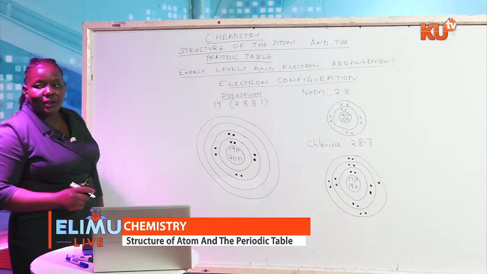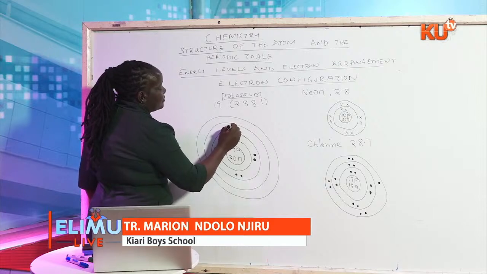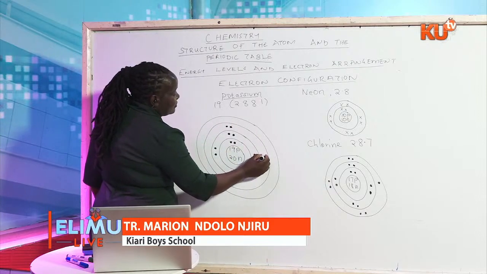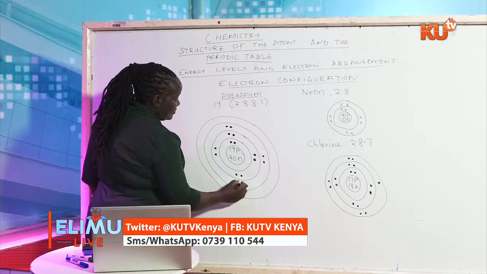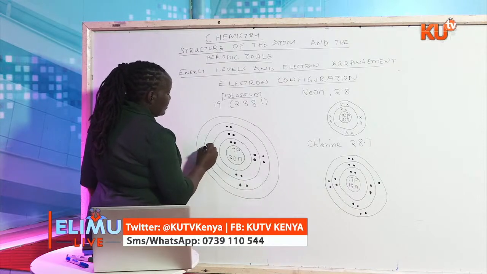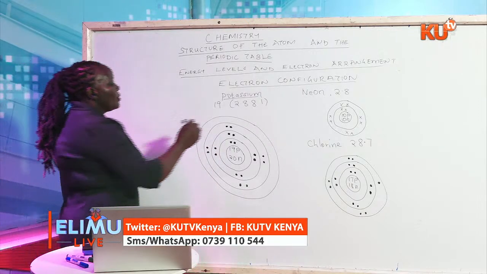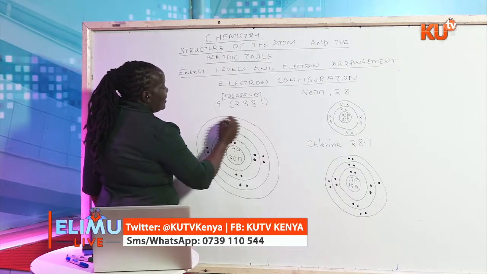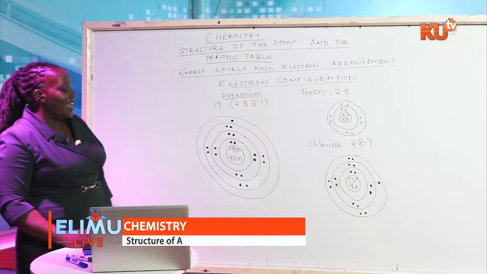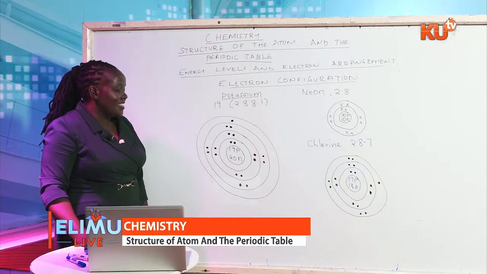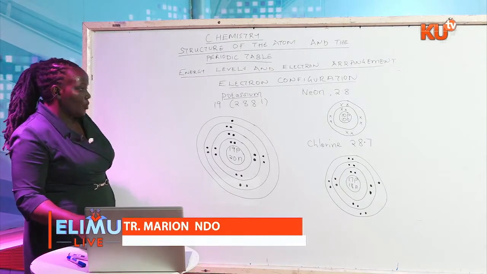Then we have the third one accommodating 8. And then we have the last energy level with only 1 electron. 2 in the first energy level, 8 in the second, 8 in the third, and the outer energy level has 1 electron.